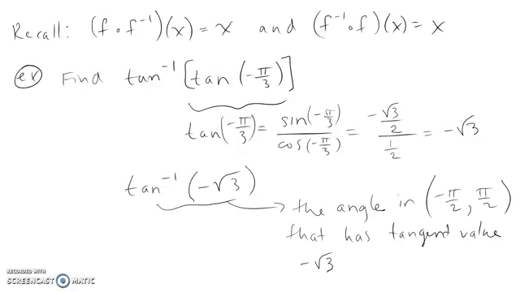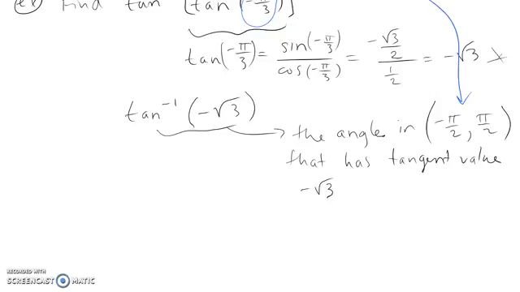Well, it turns out that the angle that has tangent value negative square root of 3, we just saw that right up here, right? We saw that the angle that has tangent value of negative square root of 3 is right here. It is minus pi over 3, right? And this is okay as an answer because negative pi over 3 is in the interval between negative pi over 2 and pi over 2, all right?